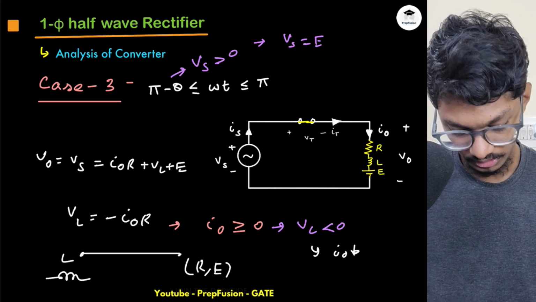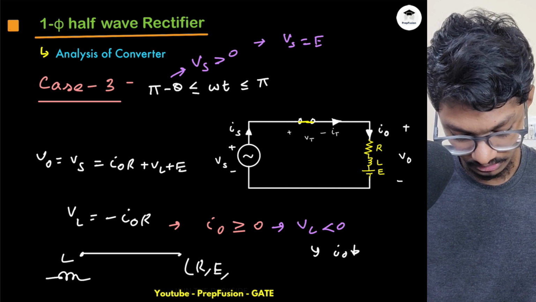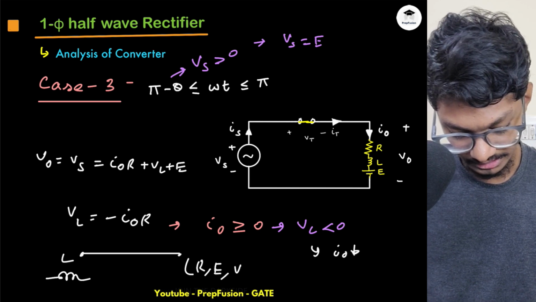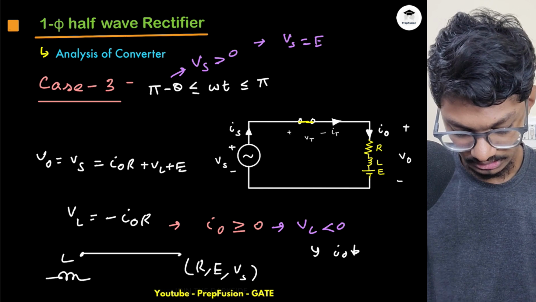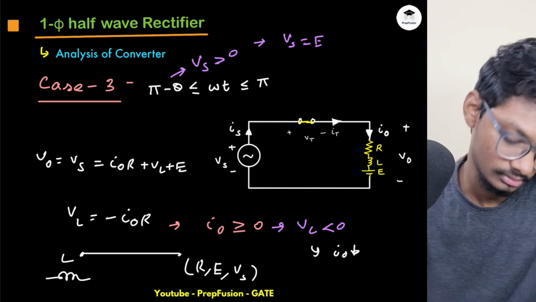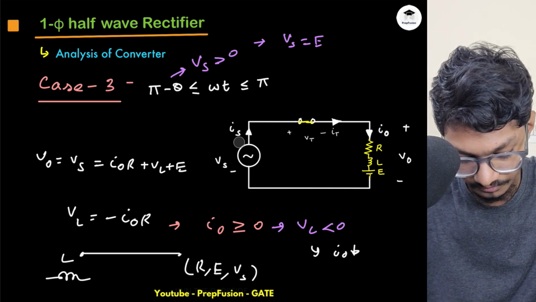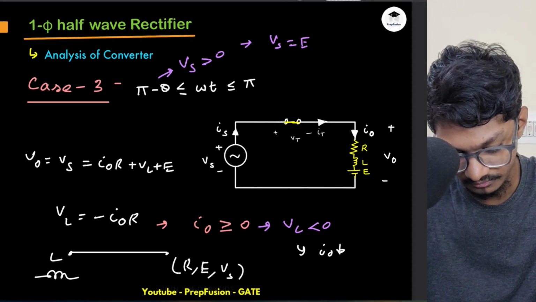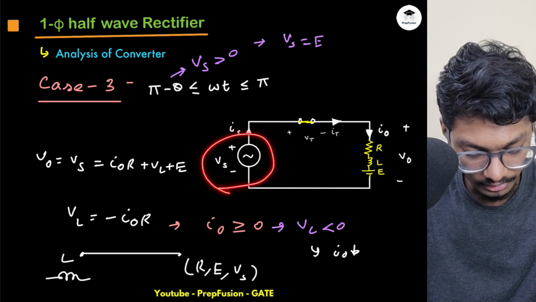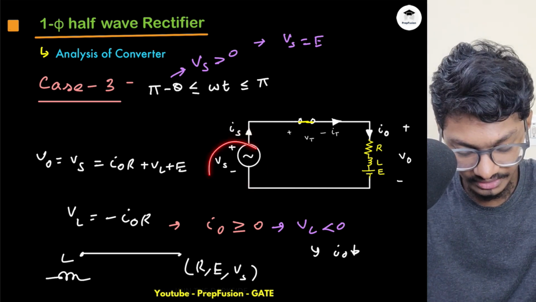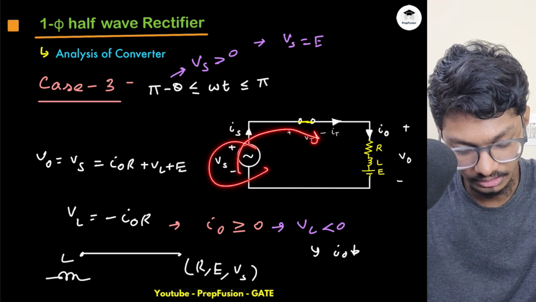And obviously the supply is there as well, because overall what did I say? I said that this IS is positive, and this VS is also positive. Okay, this is giving some power.